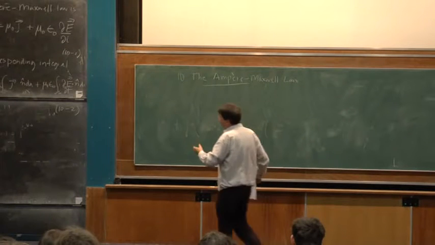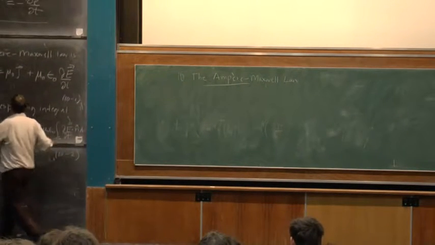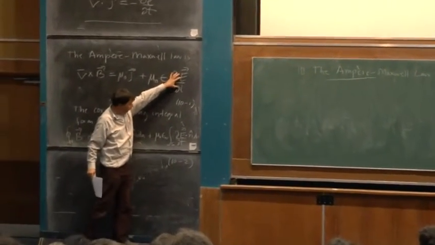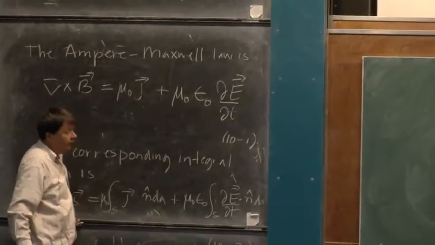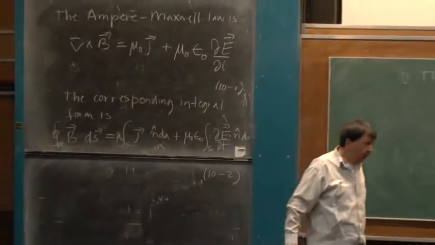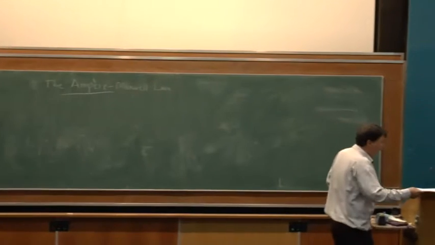Then the surface integral on the right-hand side just becomes the surface integral of this term plus the surface integral of this term. And again, remember, I can take this derivative inside or outside the integral sign. So the whole theme of this lecture will be, how does this new term work?